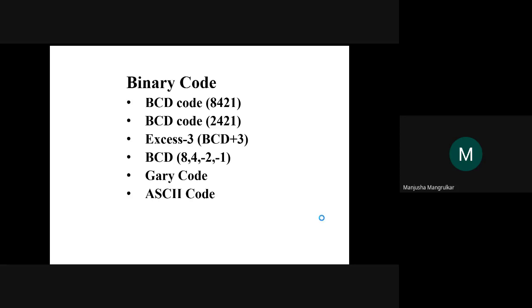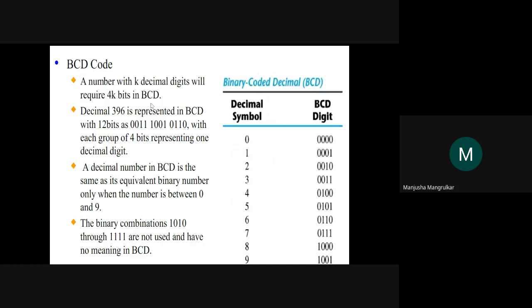Now, this is the binary code, the BCD code. A BCD number is just 0 to 9 as a decimal number, and that is called a binary coded decimal number. A number with k decimal digits will require 4k bits in BCD. This is the decimal symbol and this is the BCD digit. So for 0 to 9, 9 is 1001, and 6 is 0110. This is a BCD number.